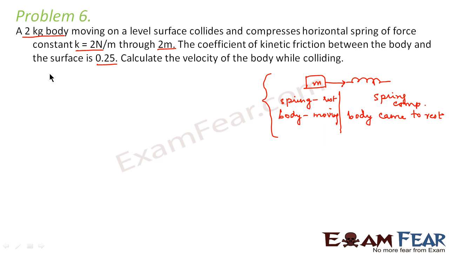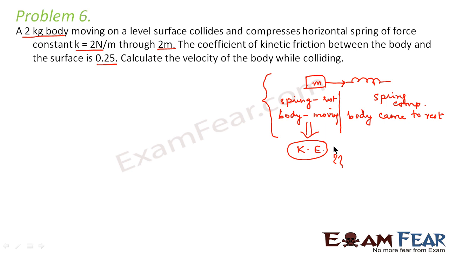Just have a look. Now if the body is brought to rest after colliding, that means all the kinetic energy of the body is used in doing work against frictional force and against compressing the spring. Initially the body had kinetic energy. Here the body came to rest. So where did this kinetic energy go?